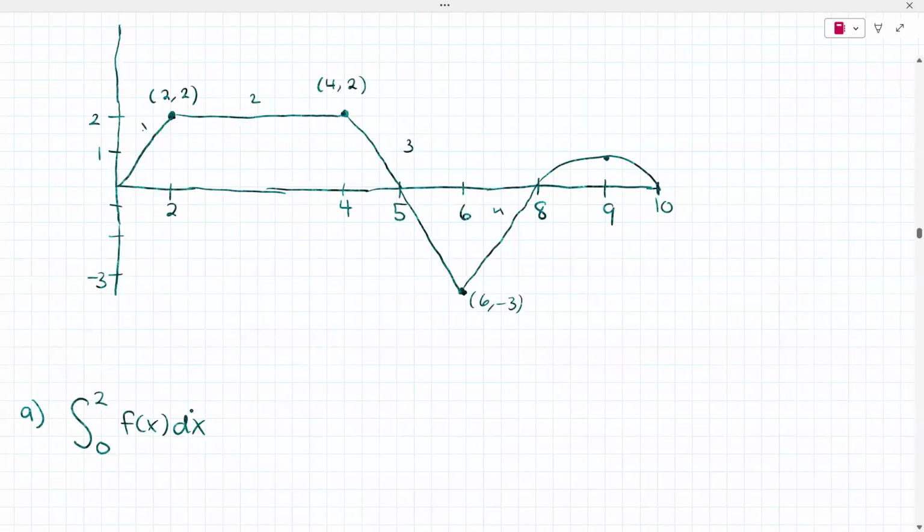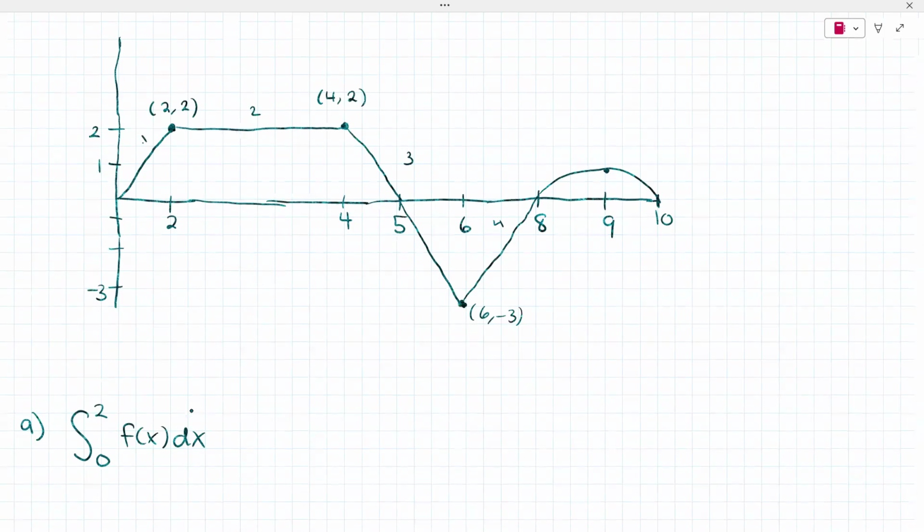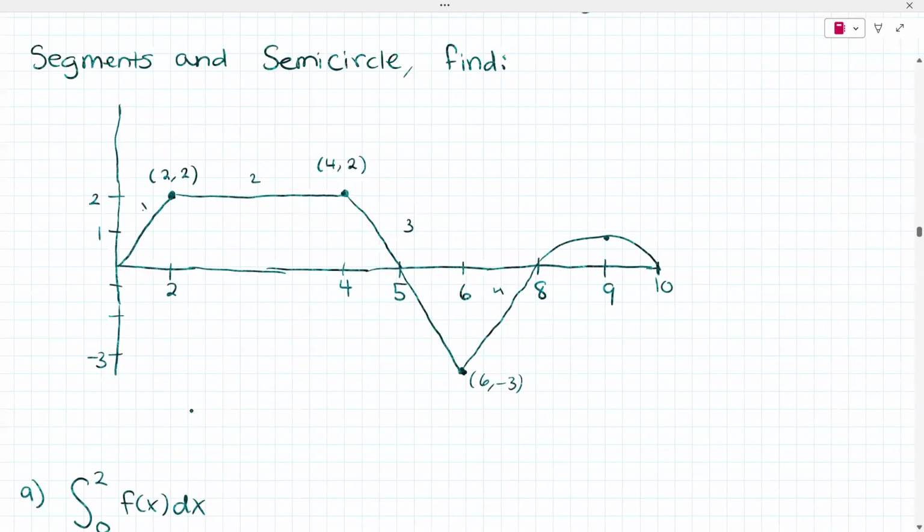So let's start with A. What is the integration from 0 to 2 of this graph? This graph is f of x. Well, from 0 to 2, this forms a triangle, right? And what do we know about the area of a triangle?